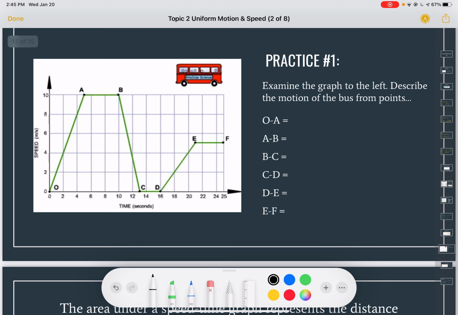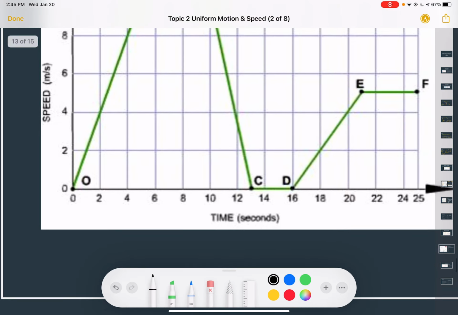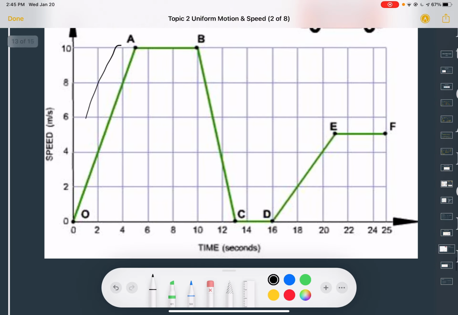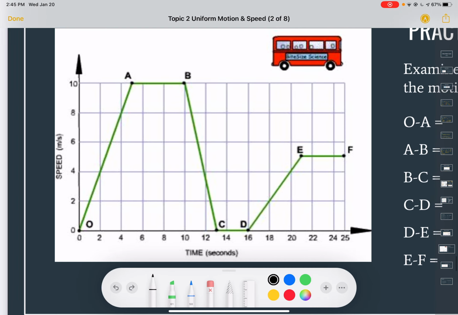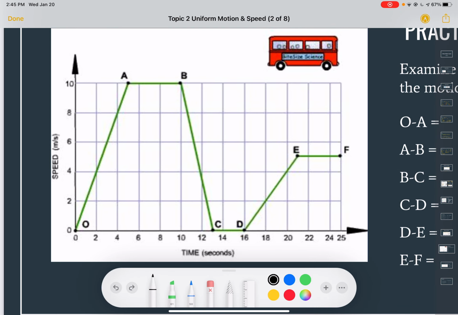Here's some practice problems. It says examine the graph to the left and then describe the motion of the bus from these points. So from O to A, that's our very first line here. We need to describe, and maybe I'm just going to do that right on here on the graph. So this line, because they're going up, they would be speeding up.